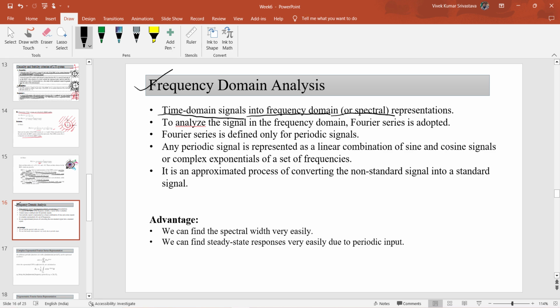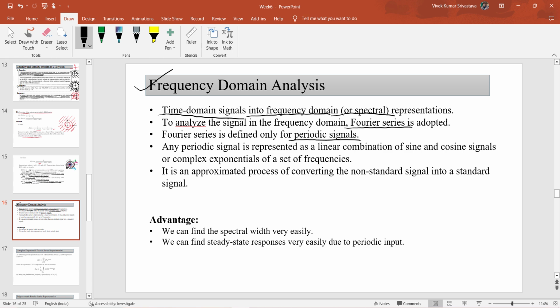In frequency domain analysis, there is one more important tool, which is known as the Fourier series method. This Fourier series is basically used for periodic signal analysis.